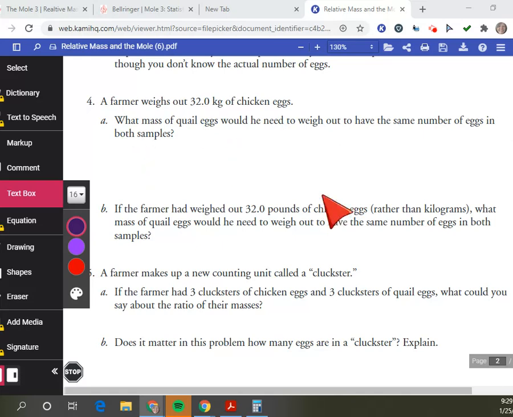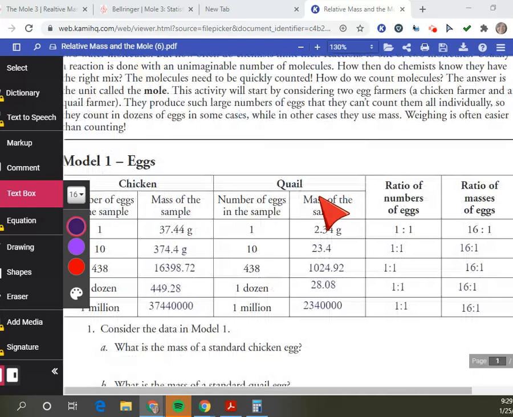So let's go back to our data. We have 32 kilograms of chicken eggs. How are we going to figure out how many quail eggs we need? What do you think? We're going to use that ratio.